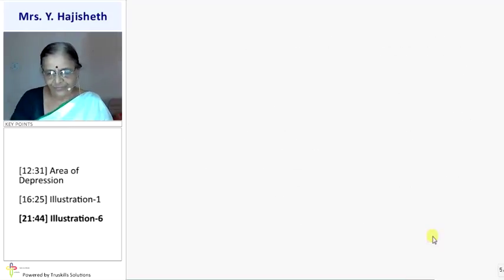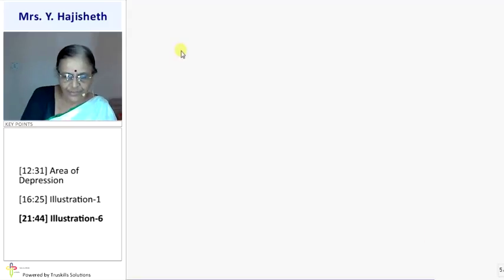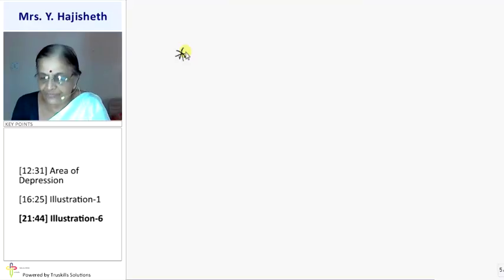Now second sum. I am doing second sum. The angle of depression of the top and bottom of an 8 meter tall building from the top of a multi-storied building are 30 degree and 45 degree respectively. Find the height of the multi-storied building and the distance between two buildings. मतलब here you are given two buildings.